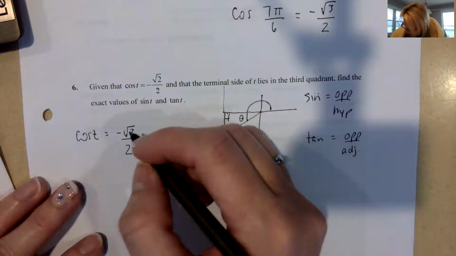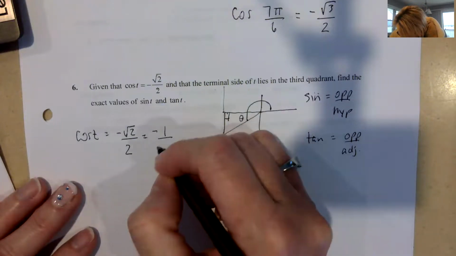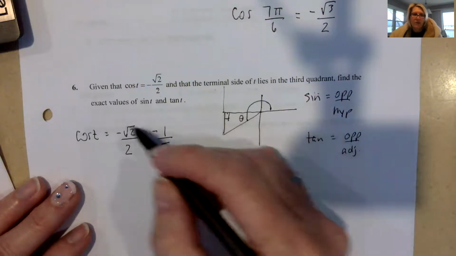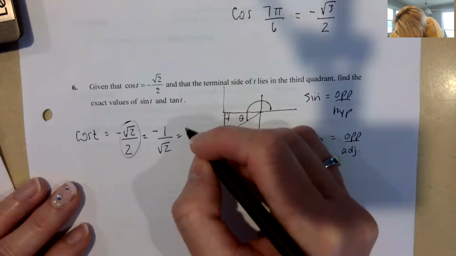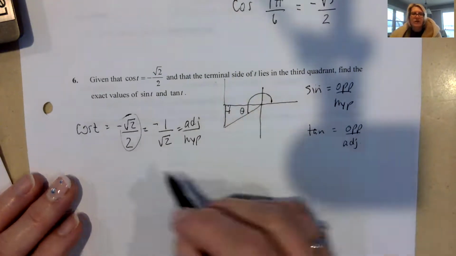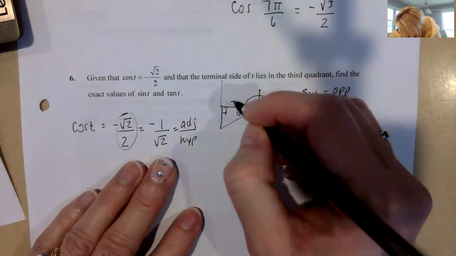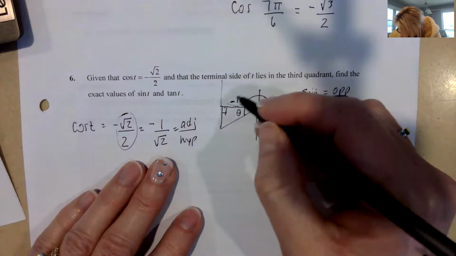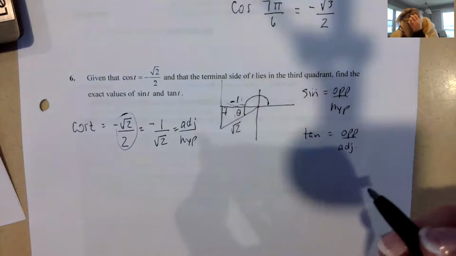But that's really because we've rationalized. It really was a negative 1 over the square root of 2, but we rationalized to get here. And cosine, remember, is adjacent over hypotenuse. So that tells us x is a negative 1, always the adjacent side, and the hypotenuse is the square root of 2.